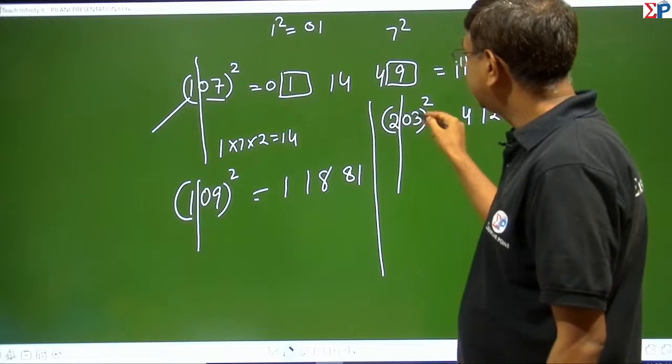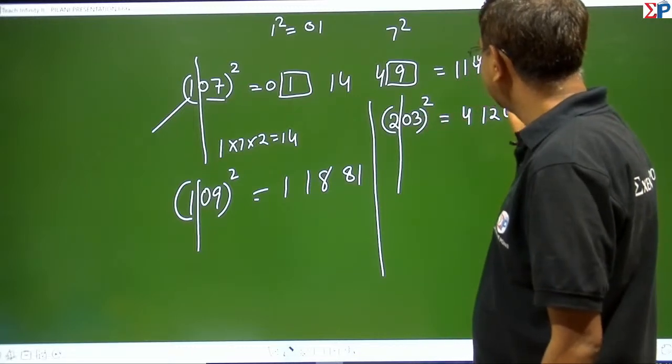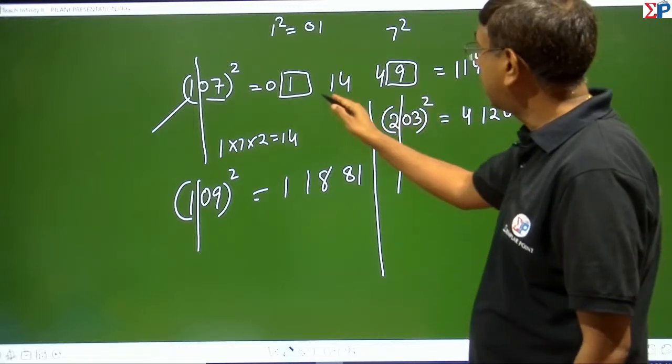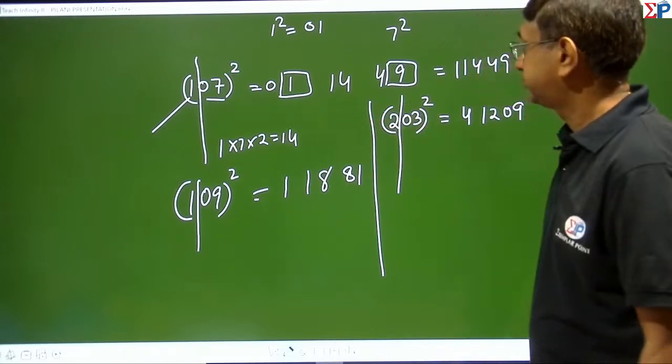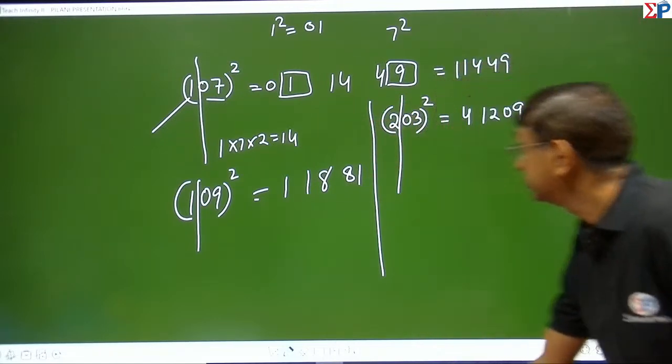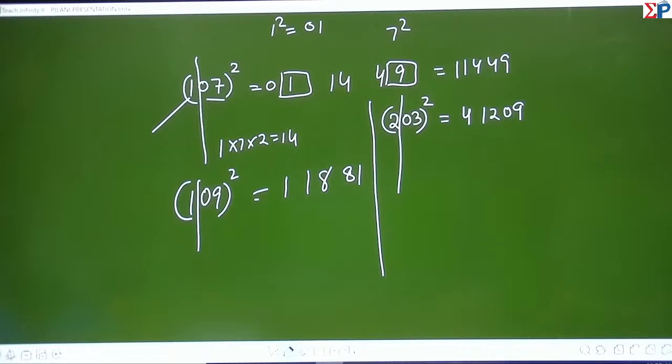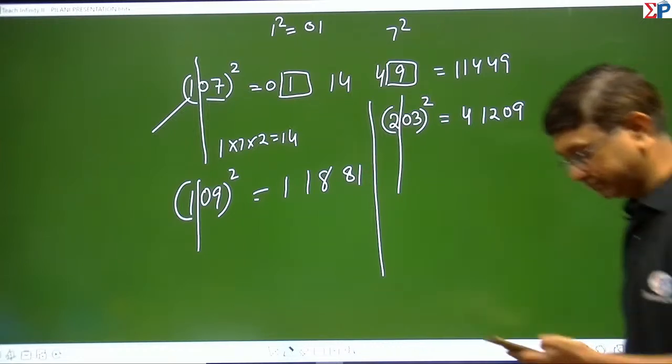When you have this 3, you have to write it as 09. That is how it should come, 2 digits, right? So 41209. Got the answer?